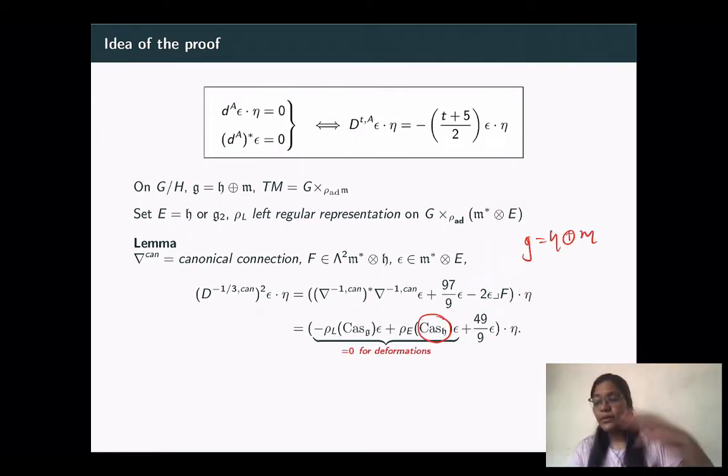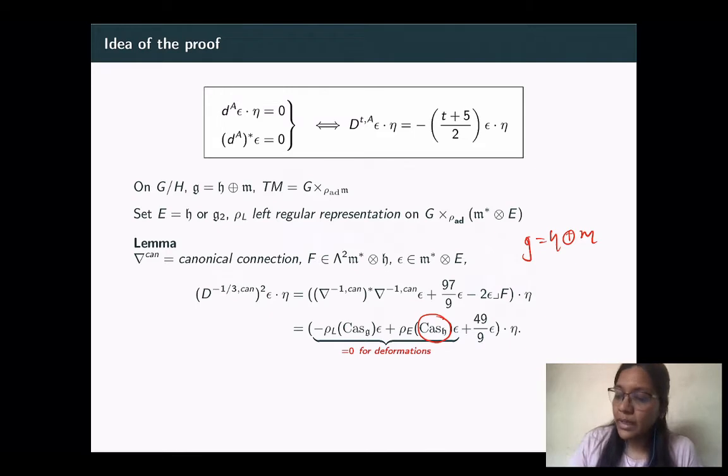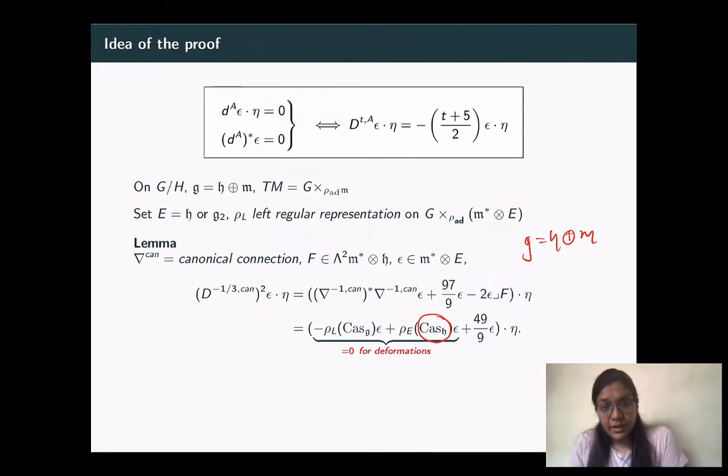Now we have reduced the instanton condition, or being an infinitesimal deformation, to this Casimir condition, but again this is only necessary, it's not sufficient. So if epsilon is an infinitesimal deformation, then we know that it must satisfy this Casimir condition. But if epsilon satisfies this Casimir condition, then we don't know whether it's an infinitesimal deformation or not.